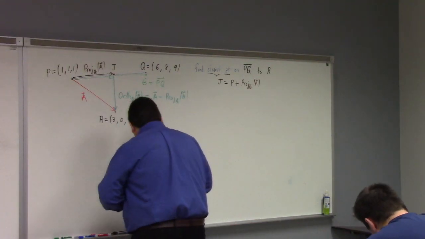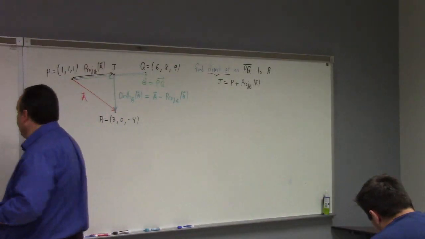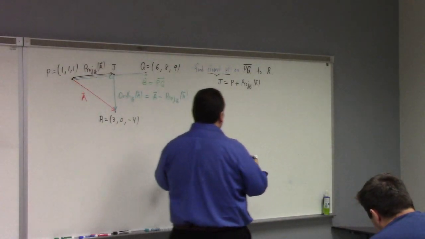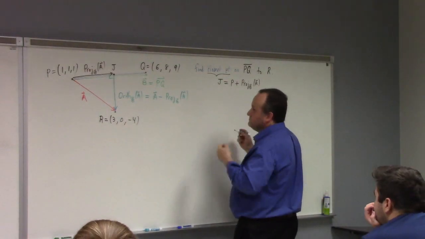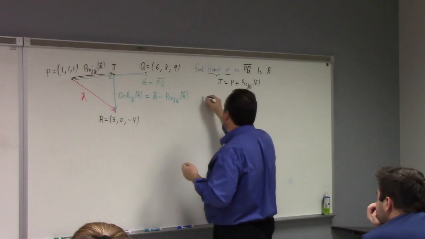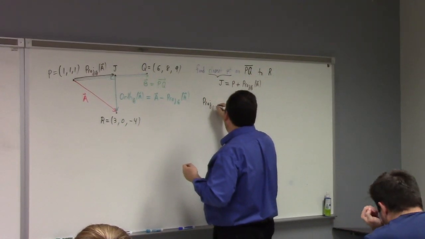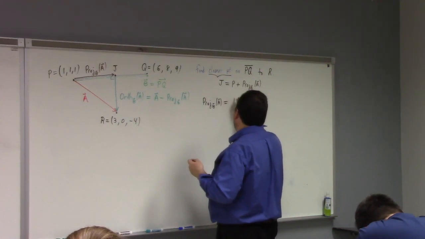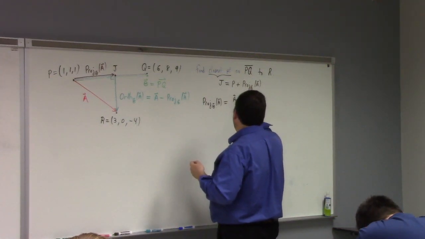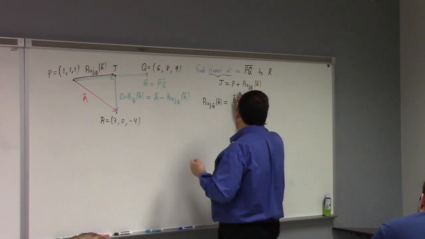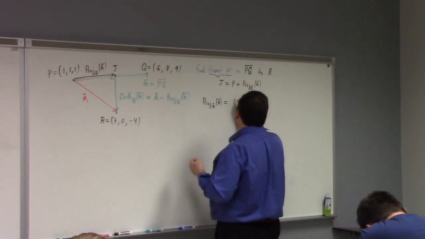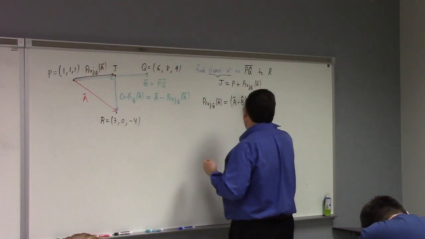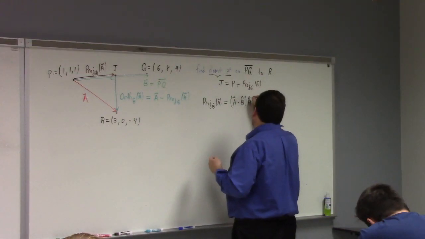Let's work this stuff out. First of all, I'll work out the projection. Remember the projection, we can use the formula A dot B hat, that picks off the B component, and we put it in the B hat direction.